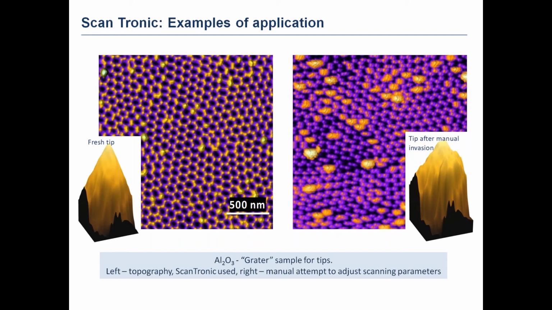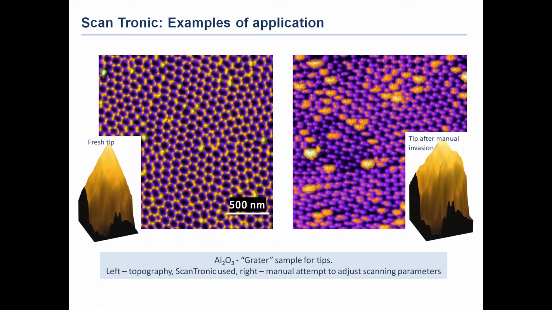For this kind of sample, the use of algorithms like ScanTronic is especially important and useful, because it is hard to adjust the optimal scanning parameters manually here. While you adjust these parameters, the cantilever will already be damaged and you will not be able to get proper results.